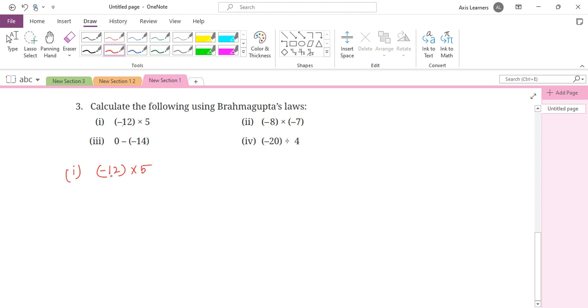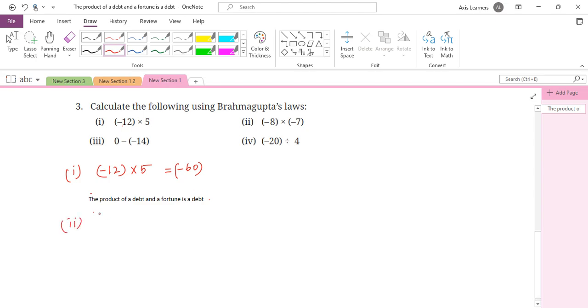One is negative, debt. Another one is positive, fortune. So what is the law? Product of a debt and a fortune is a debt. So minus 12 into 5 is minus 60. This is the law: the product of a debt and a fortune is a debt.